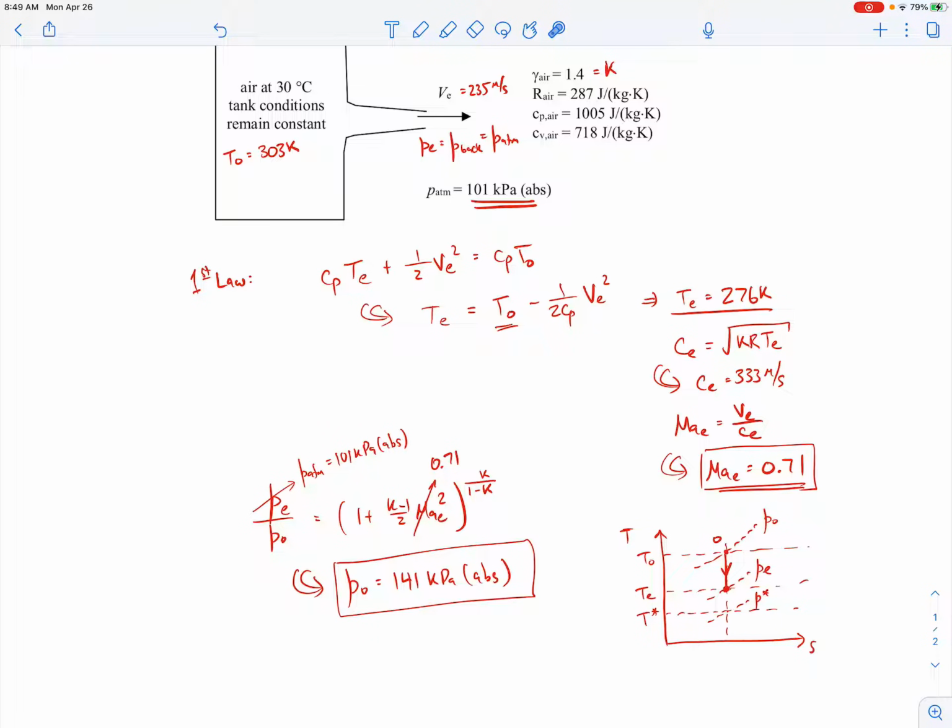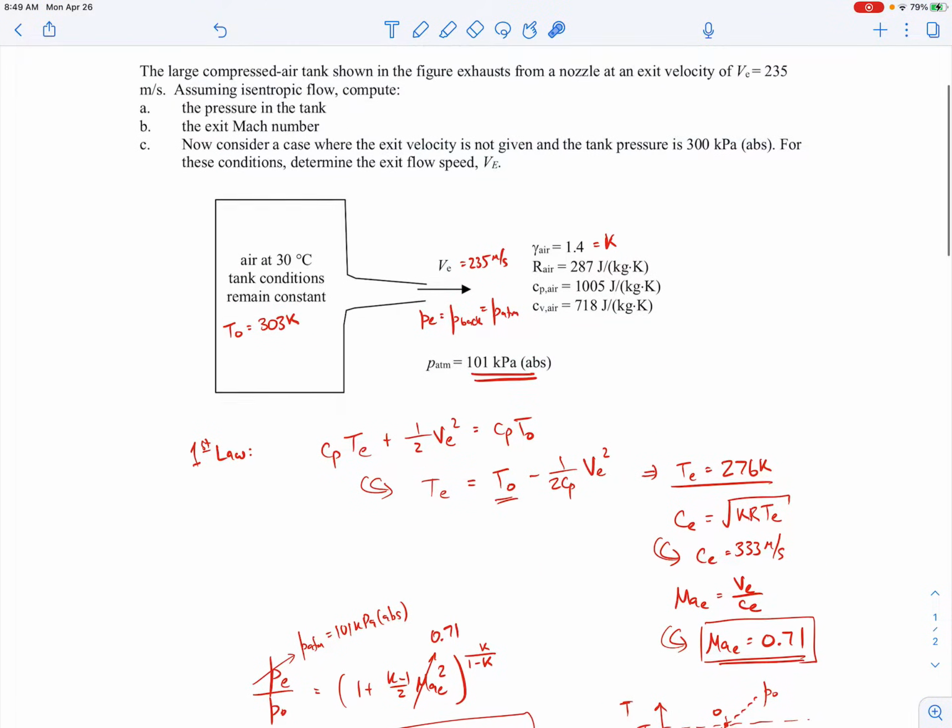So if we did reach sonic conditions, you see that the pressure would be smaller and the temperature would be smaller. So that's one of the nice things about these TS diagrams, is you can visually see what's happening here. The temperature at the exit is less than the temperature in the tank. Pressure at the exit is less than the pressure in the tank. And then sonic conditions are even at lower temperature and lower pressure. Okay, so anyway, let's get back to the problem statement.